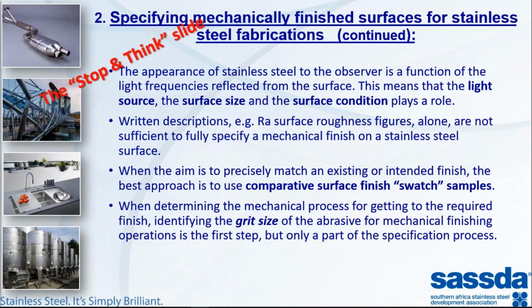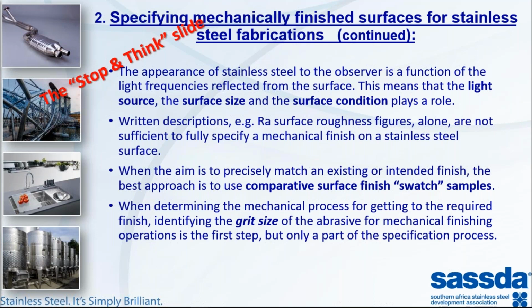When the aim is to precisely match the specified finish to that you can deliver, the best approach is to use comparative surface finish samples or swatch samples. So this is important, a visual benchmark. What you will do is figure out what the surface finish is required.